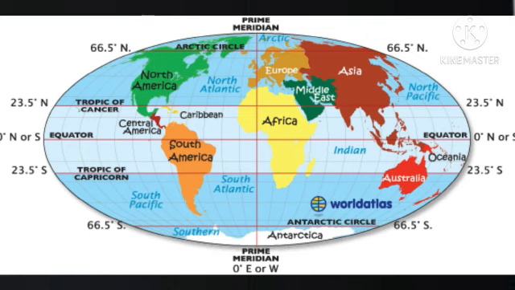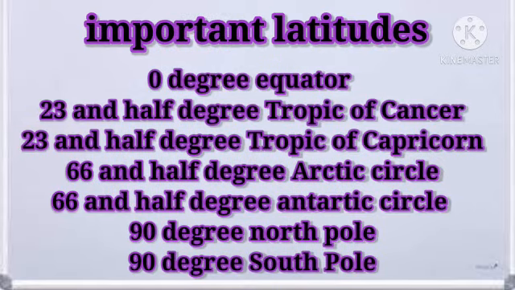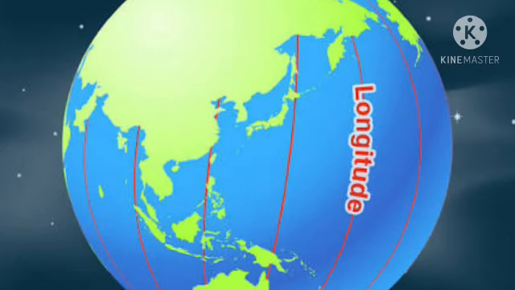There are 90 latitudes in the north part of the equator and 90 latitudes in the south part of the equator. The latitudes in the northern hemisphere are called north latitudes and those in the southern hemisphere are called south latitudes.